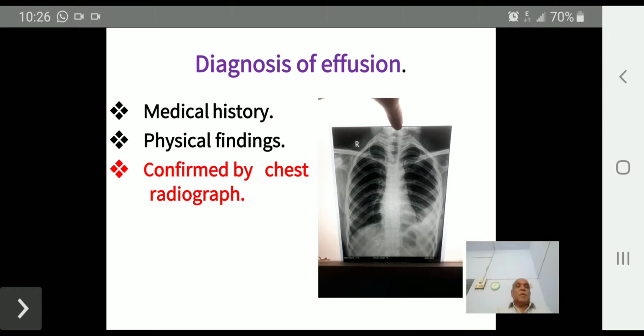In this slide we see a radio-dense opacity. It is triangular at the left base. We are not able to see the CP angle and dome of the diaphragm. There is slight shifting of the mediastinum toward the right side. So the X-ray is suggestive of left-sided pleural effusion.